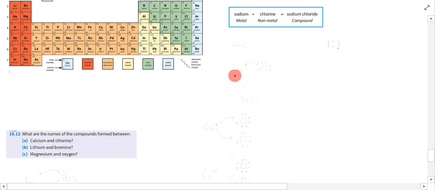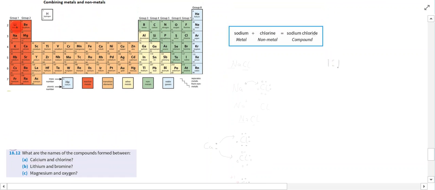Now, you can make predictions in relation to the groups, like where the atoms are in the periodic table and how they will bond. If you think about sodium, for example, sodium wants to lose 1 electron, so you could say it has a bonding power of 1, and chlorine wants to gain 1 electron, so you can say that it also has a bonding power of 1 as well. So as a result of that, 1 atom of sodium will bond with 1 atom of chlorine.